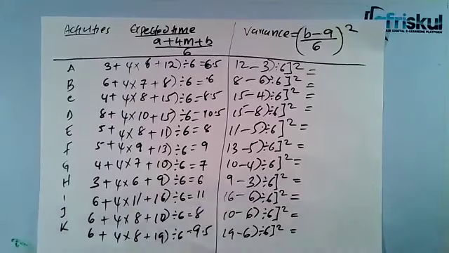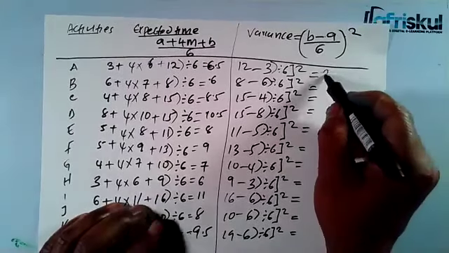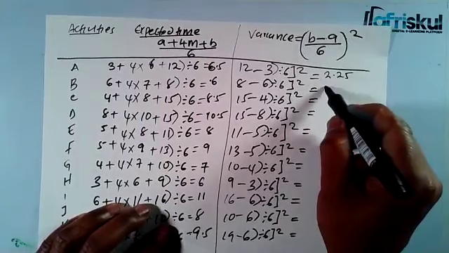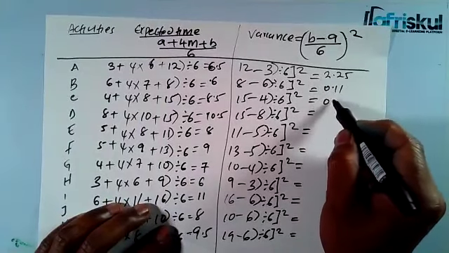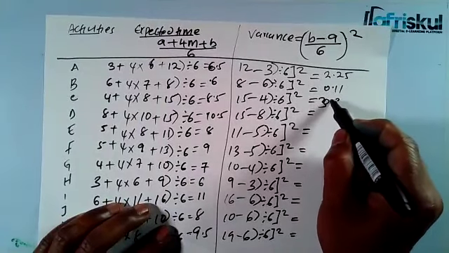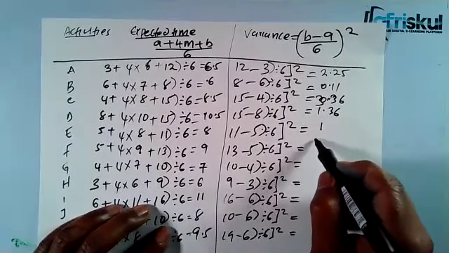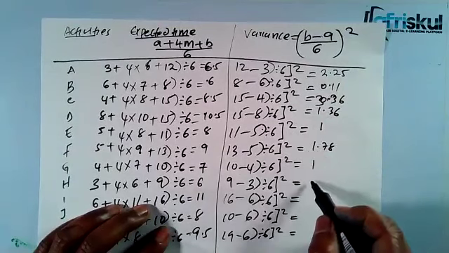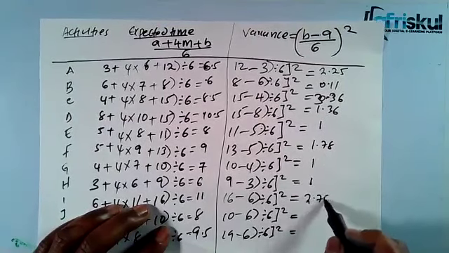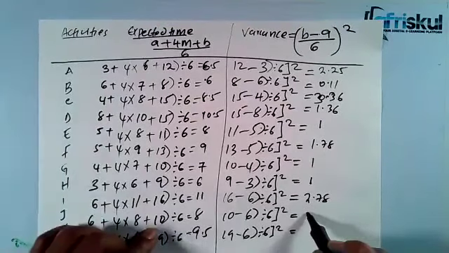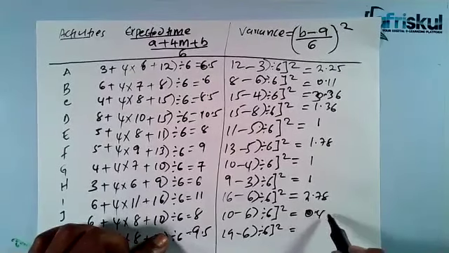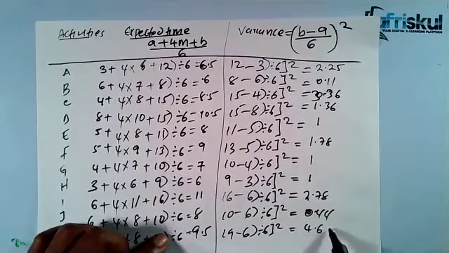I can see it's 2.225. Yeah, the first one is 2.225, 0.11. This one will be 3.36, 1.36. This one will be 1, 1.78, 11, 2.78. This one will be 0.44. This one will be 4.69.